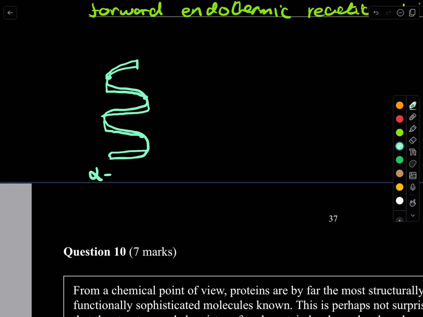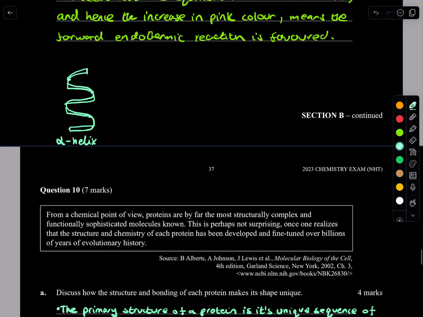Basically, both the alpha helix and the beta sheet are stabilized by the hydrogen bonds between the backbone amide hydrogens and the carbonyl oxygens of the polypeptide chain. They go through, of course, hydrogen bonding, and that's what stabilizes these shapes.